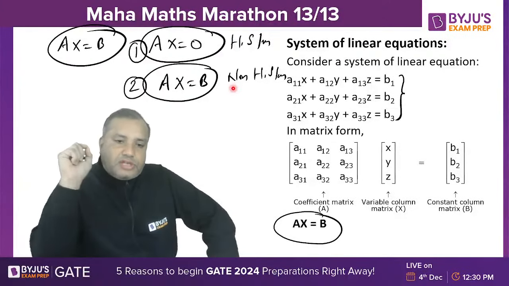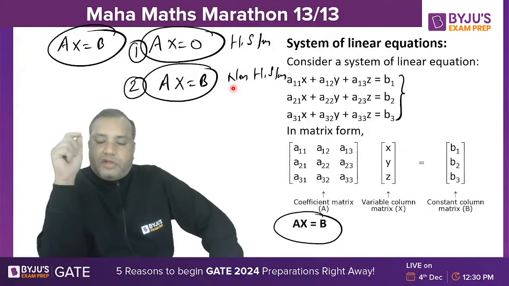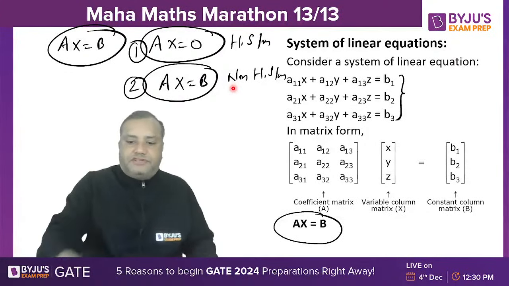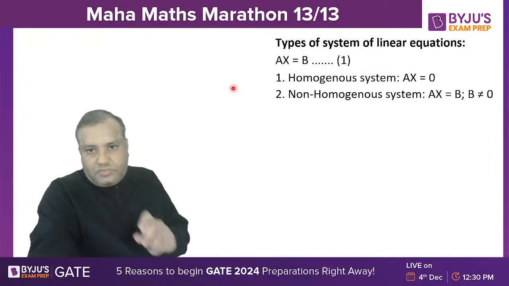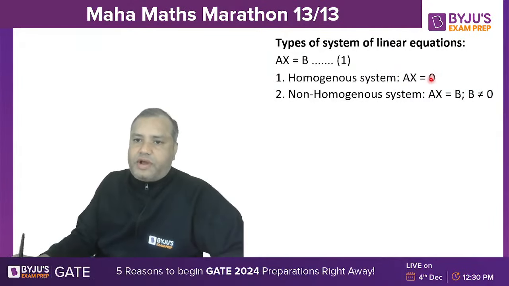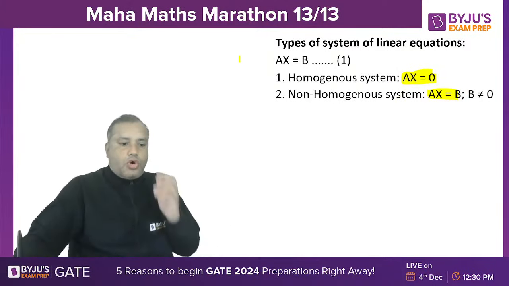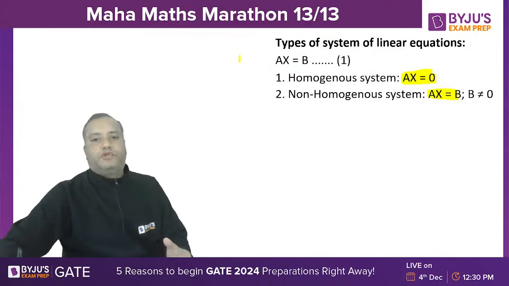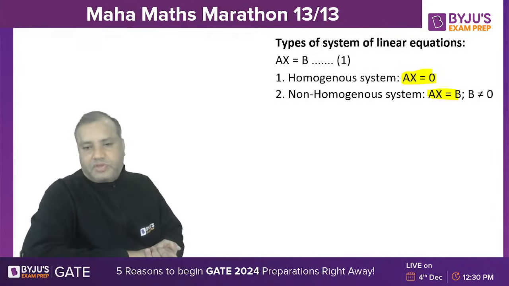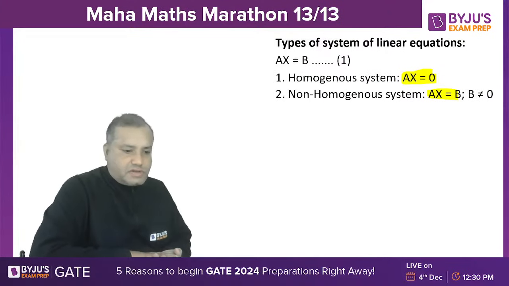Once you are done with this step, then you should enter into the solution analysis of that particular type of system. As written on the screen, if the right hand side is 0, it is a homogeneous system. If the right hand side is non-zero, it represents a non-homogeneous system. A homogeneous system has two types of solution: trivial solution and non-trivial solution.